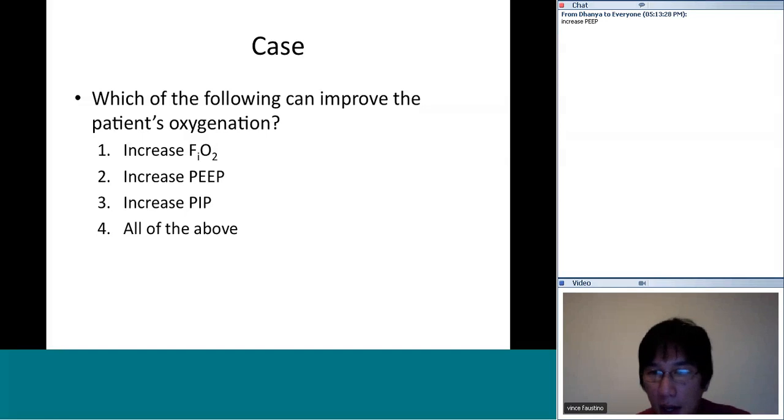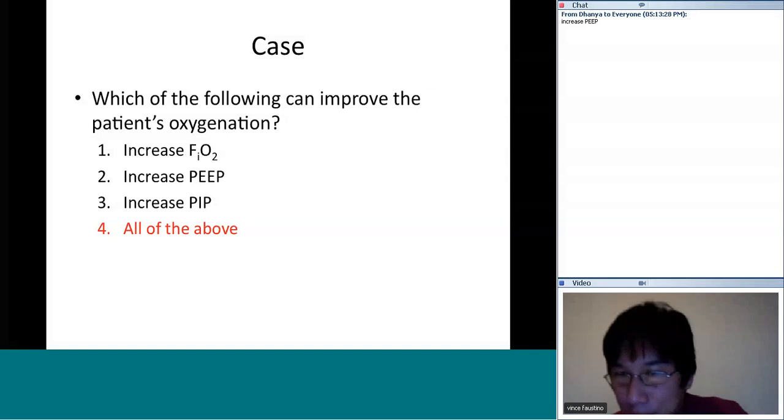It's either I only have one attendee or people are shy to put in their answer. For this question, there's another answer from Amrita. They've written increase PEEP and PIP. Amrita, just send it to everyone so that everyone will be able to see your answer.